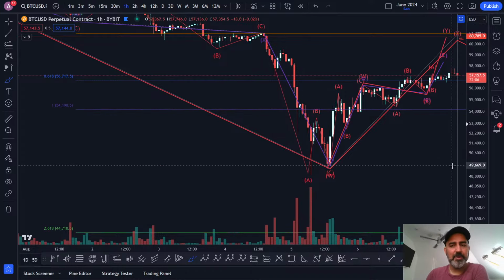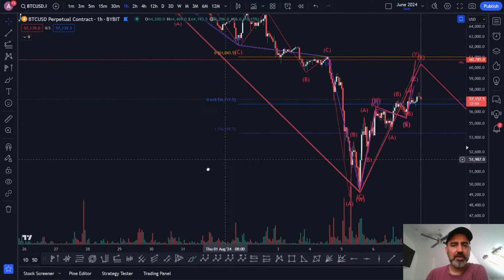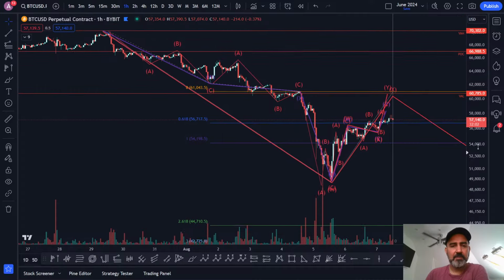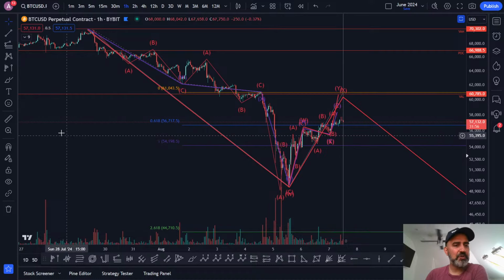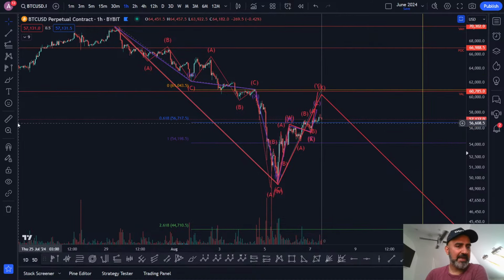So there was a little bit of respect because that was a good place for the price to come to an end as the 1-to-1. But what happened was the price came down so fast that that fib level wasn't going to hold the price.